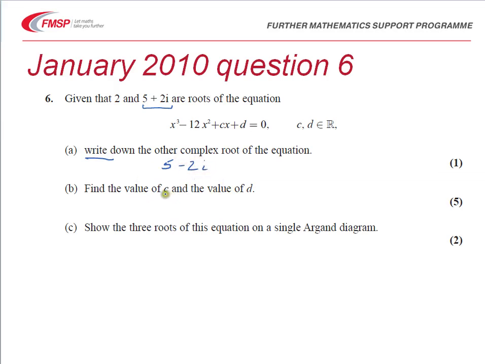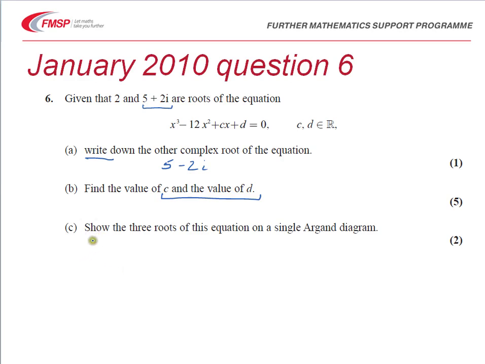We then need to find the values of c and d. This has different methods of doing it, although the usual method is to write the polynomial in its factorized form using the roots that you know.